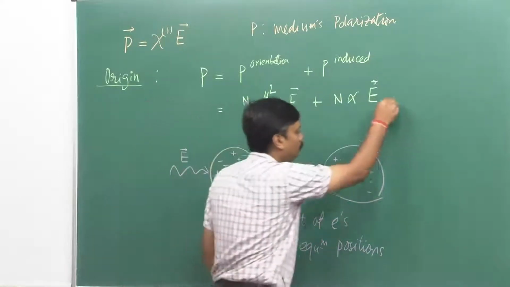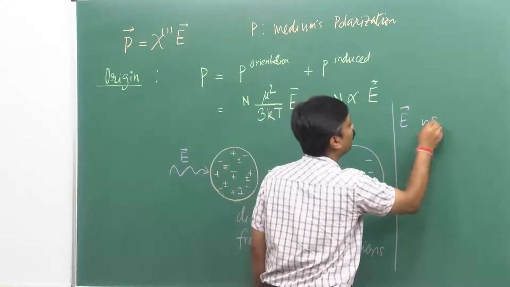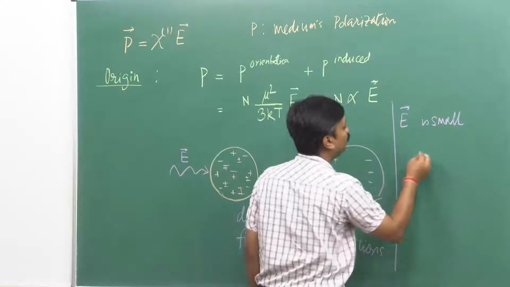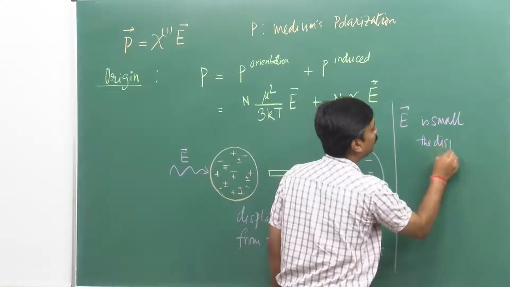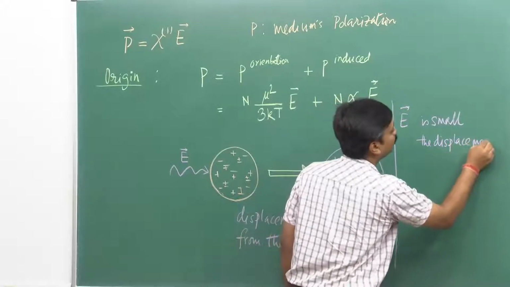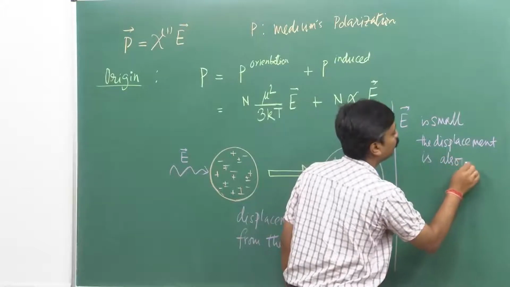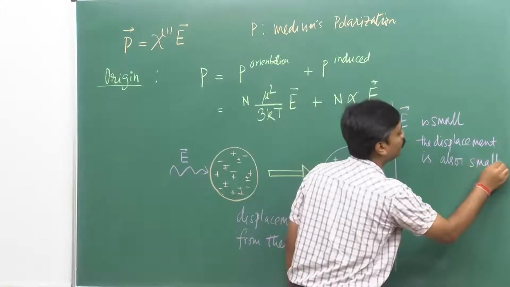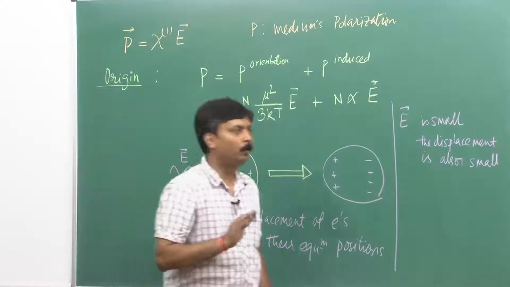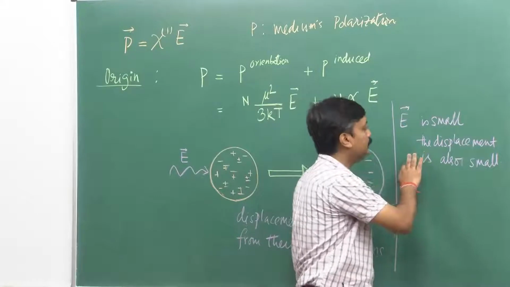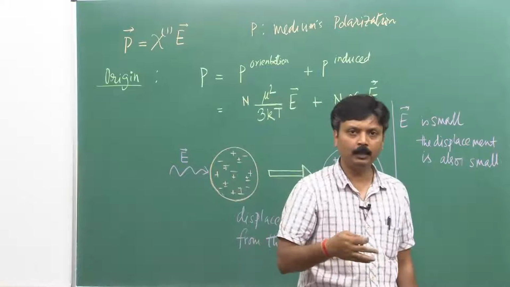So, when E is small, the displacement is also small. The periodic nature of the light oscillation will cause this displacement also to be periodic, right.